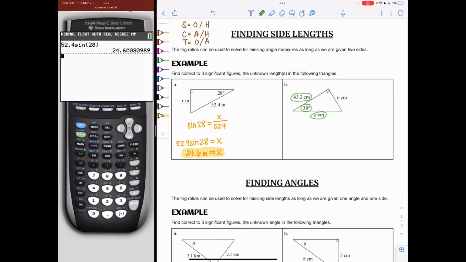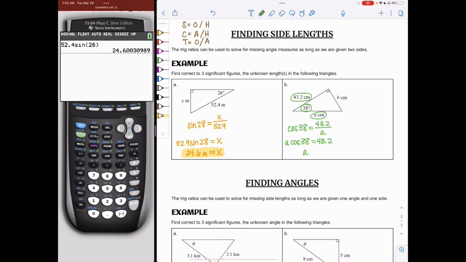So if we have adjacent and hypotenuse, that is cosine. So we're going to have the cosine of 38 is equal to the adjacent, which is 43.2, over the hypotenuse, which is A. So the first thing that I'm going to do is multiply both sides by A. So I'm going to have A times the cosine of 38 is equal to 43.2. And then I'm going to divide both sides by cosine of 38.